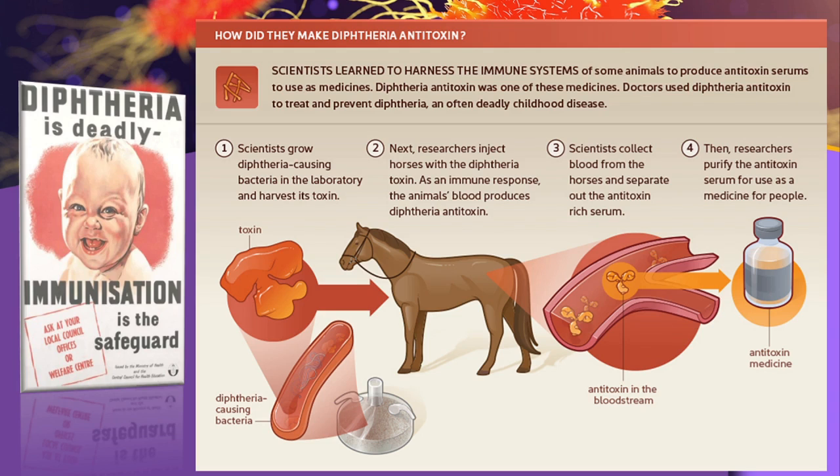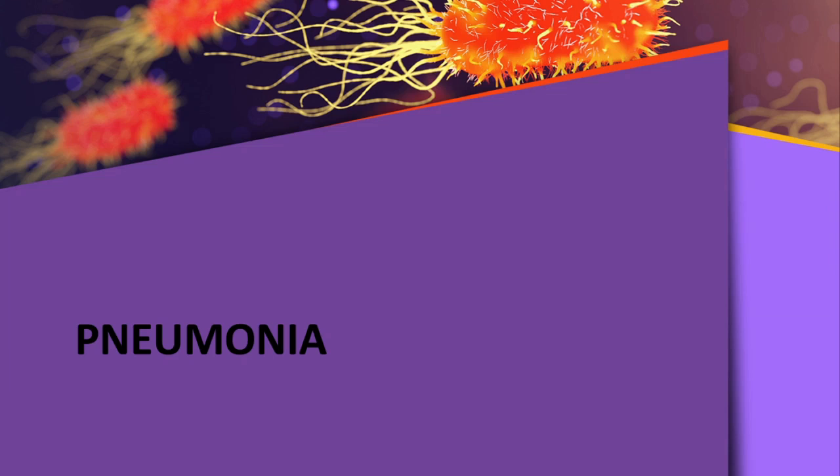The toxin is then injected into the body of an animal like a horse, and the immune response of the horse will develop antitoxin against this diphtheria toxin. The antitoxin is then collected and separated from the serum of the animal, and it is then purified and made available as vaccine for use by human beings.